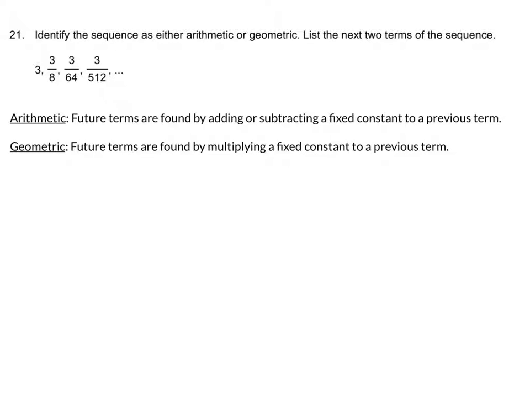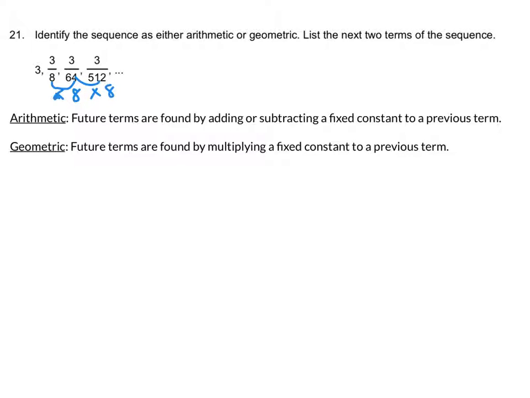If we just look at the bottom numbers of the fraction, we can see that to get from 8 to 64, we can just multiply 8, because 8 times 8 is 64. If we were to try that rule again, 64 times 8 is 512.